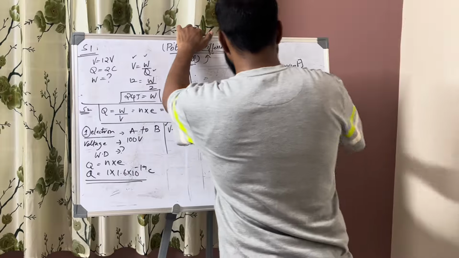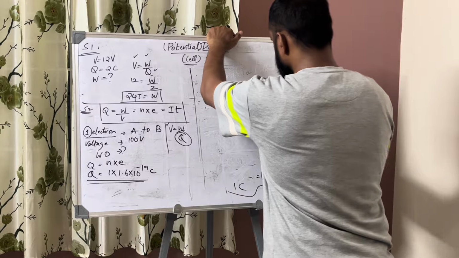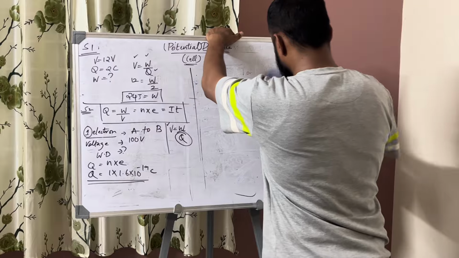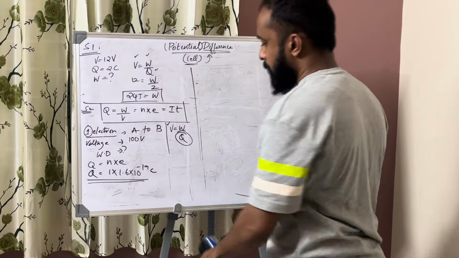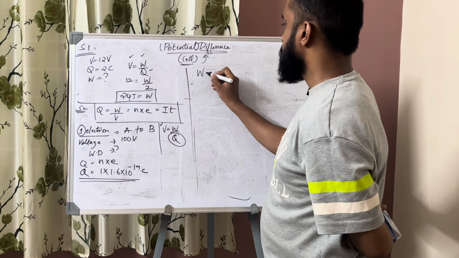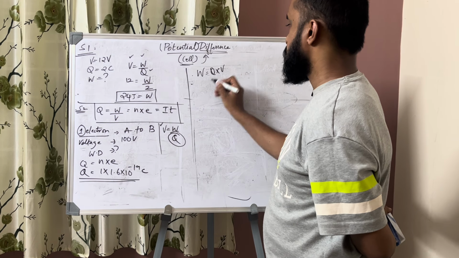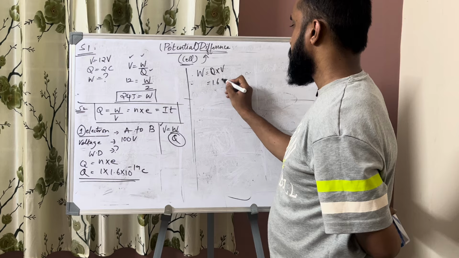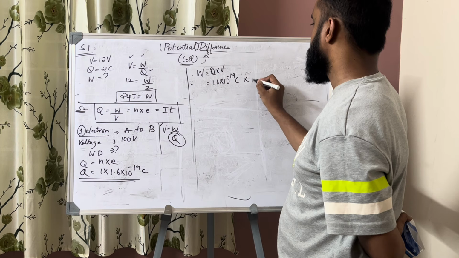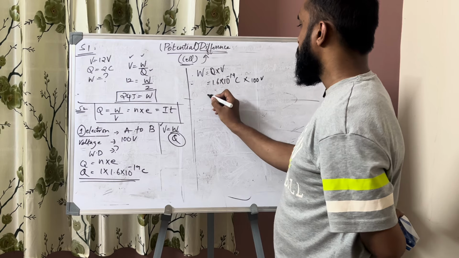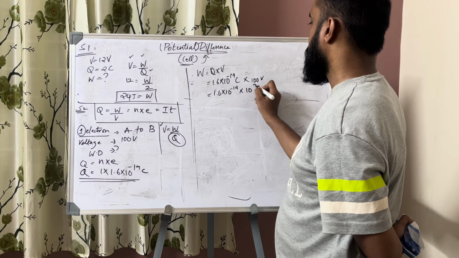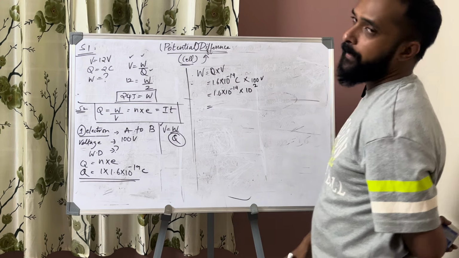So if I have to find the work done, work done is equal to charge into voltage. And what is the charge? 1.6 into 10 to the power minus 19 coulomb into what is the voltage? 100 volt. 100 will be written as 10 to the power 2. 10 to the power 2 and minus 19 will combine.